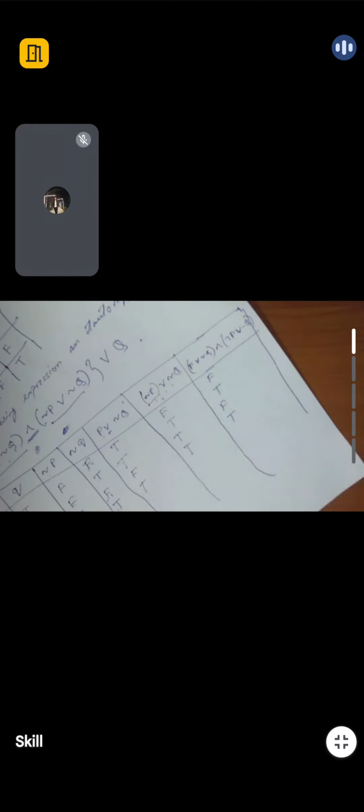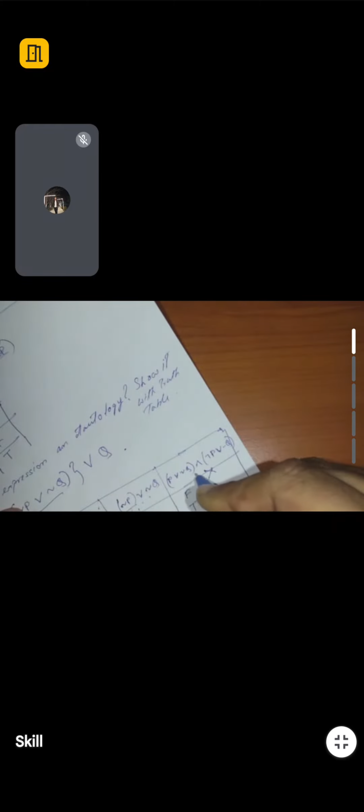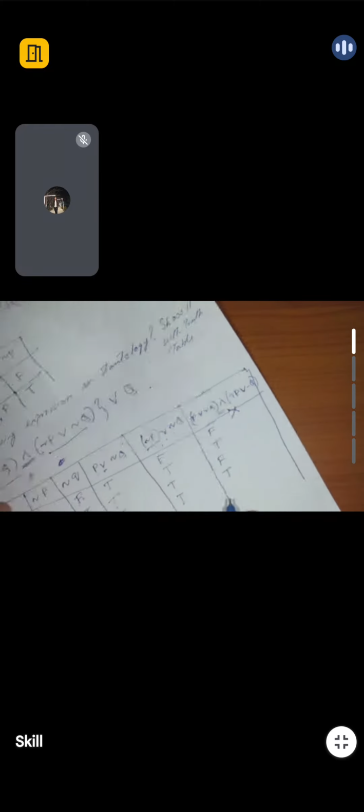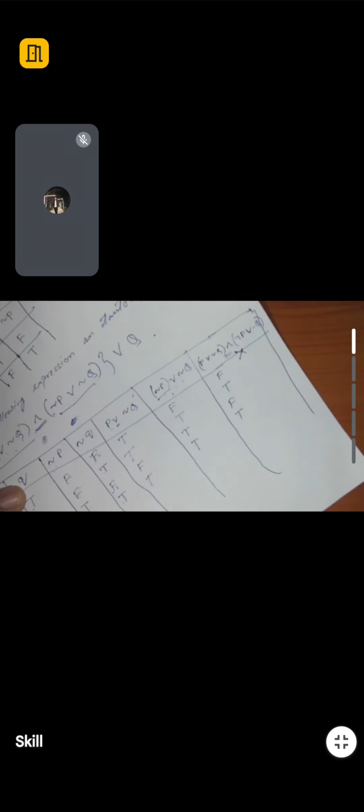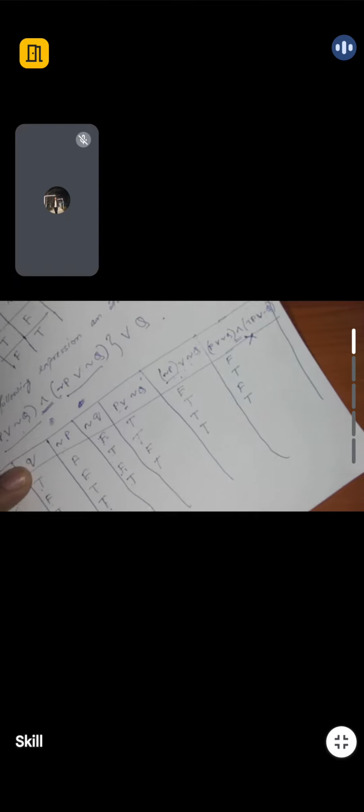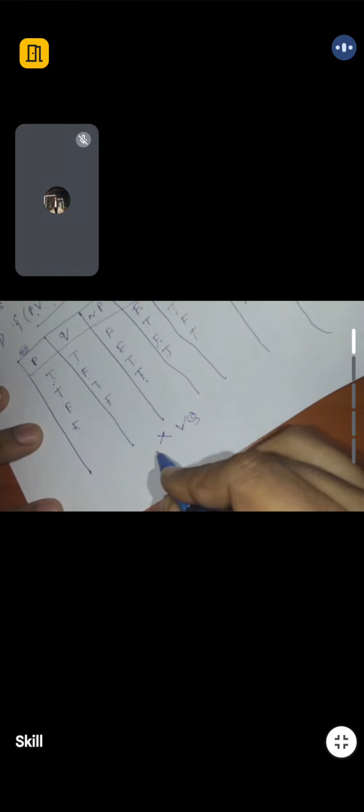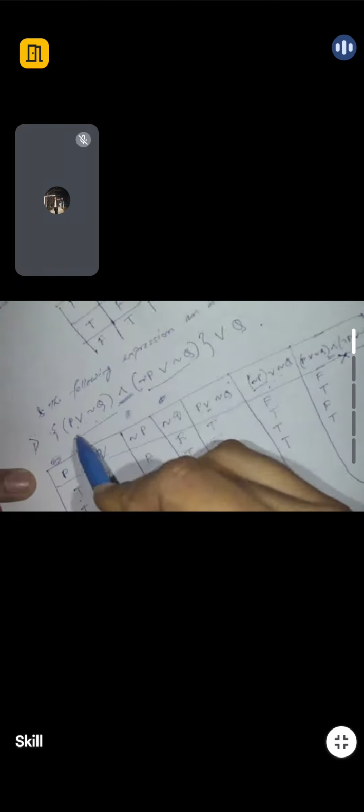For conventional purposes I will write this expression as x OR q. So x is nothing but this whole expression, which I am denoting as x.